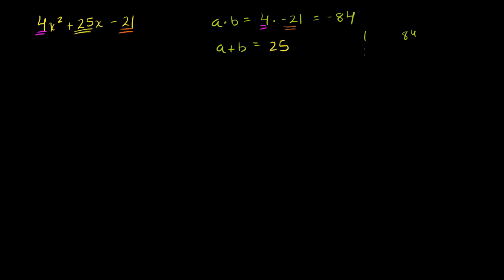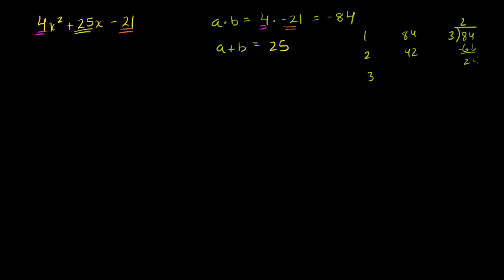Too far apart. Let's see, you could do 3. No, I'm jumping the gun. 2 and 42. Once again, too far apart. Negative 2 plus 42 is 40. 2 plus negative 42 is negative 40. Too far apart. 3 and, let's see, 3 goes into 84. 3 goes into 8 two times. 2 times 3 is 6. 8 minus 6 is 2.